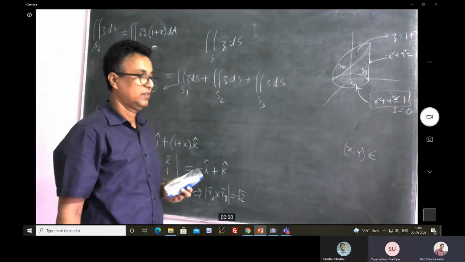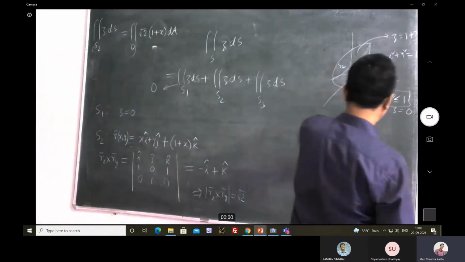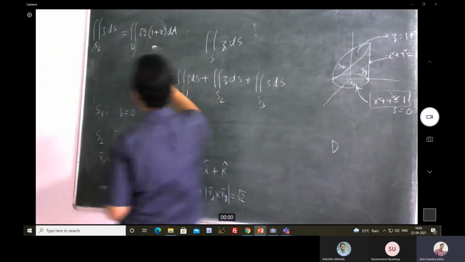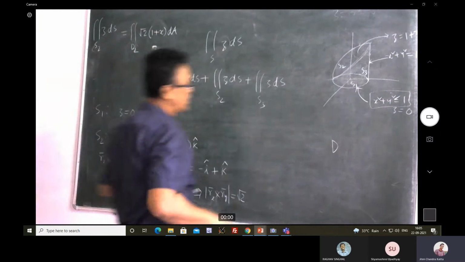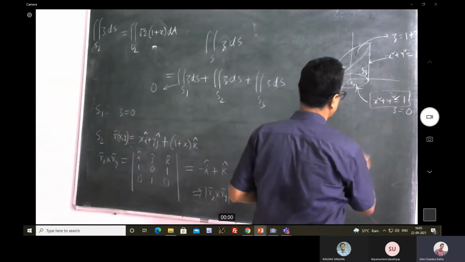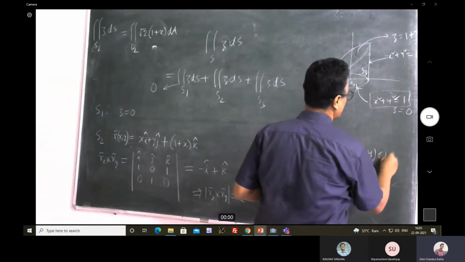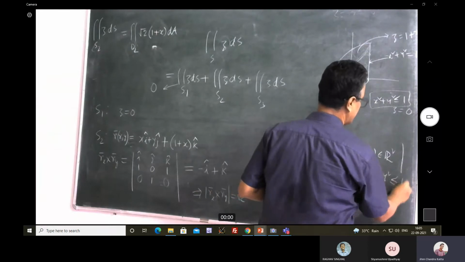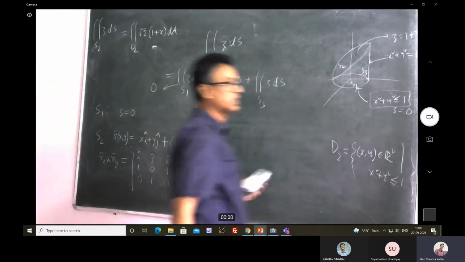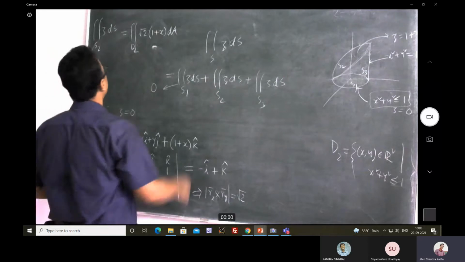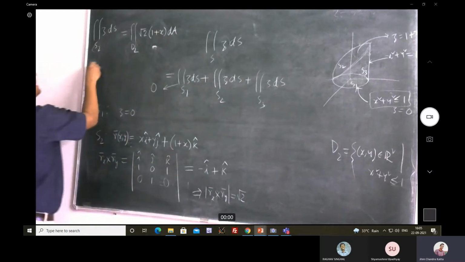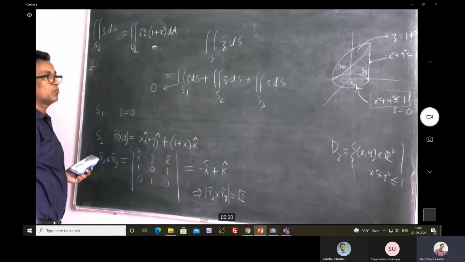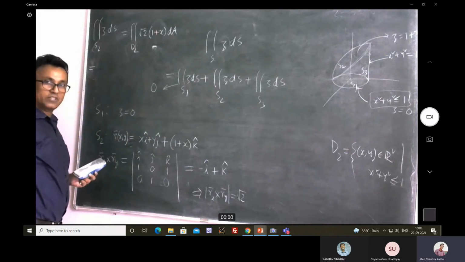So if I call it D2, then D2 is simply (x, y) belonging to R2 such that x squared plus y squared is less than or equal to 1. So what I am going to make use of now is polar coordinates.